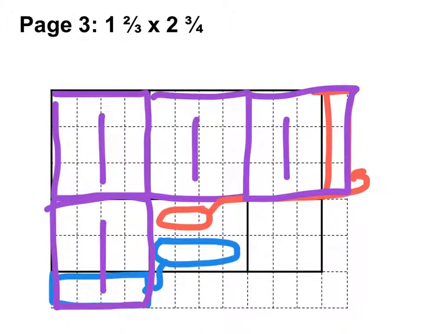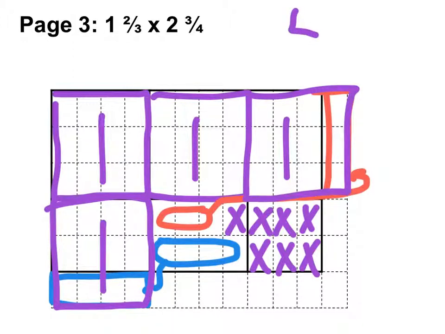Okay, and then what I have left is this piece, this piece, this piece, this piece, this piece, this piece, and this piece. So looking at this, I have 4 wholes. And looking at these little pieces, I have 7 of them. 7 pieces when there are 12 pieces in the whole.